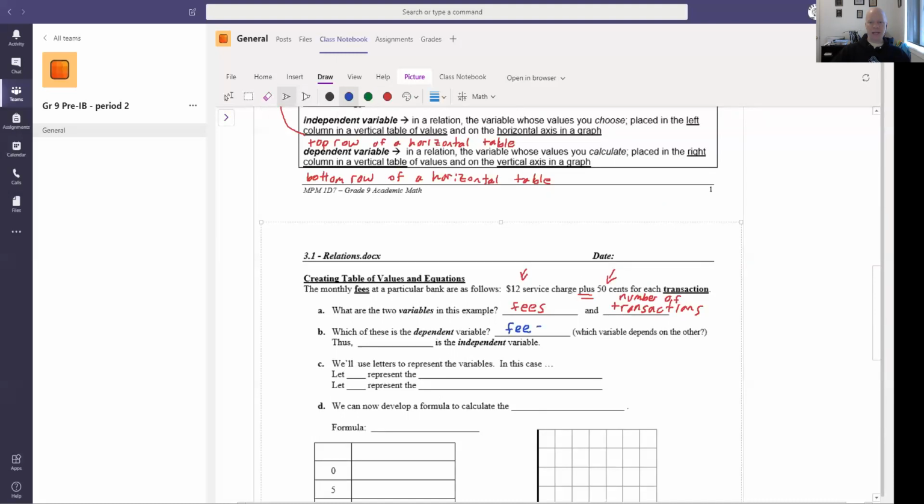So the number of transactions comes first and the fees follow that. That's the other small thing about the independent variables: they are the things that happen first. So the number of transactions, I'm never going to squeeze all this in on this line, so I'll put it down below here.